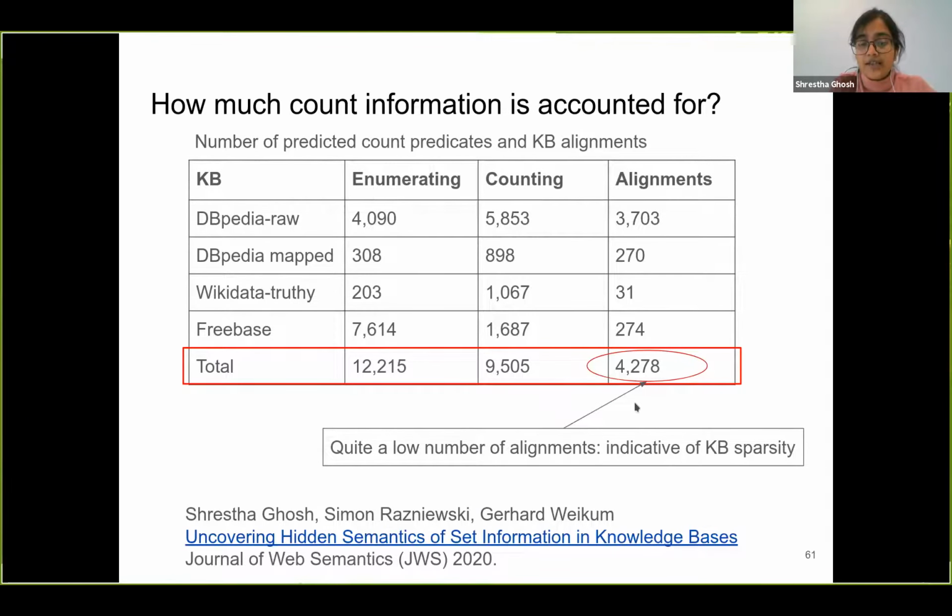Finally, the number of alignments found in the knowledge base was around 4,000. This is quite low, given that we have around 12,000 enumerating and 9,000 counting predicates, and is indicative of the sparsity in knowledge bases.